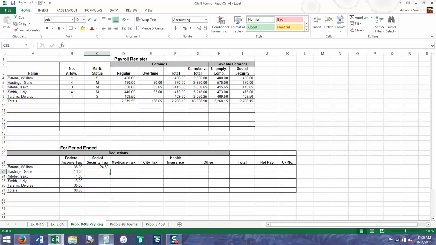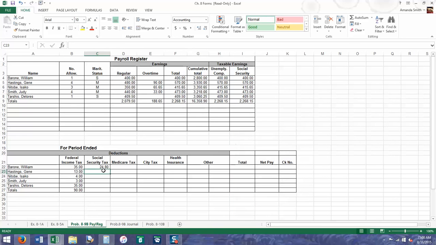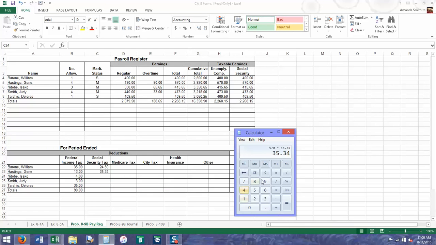And then we're just going to repeat the process all the way down the employees. 570 times 6.2%, 3534. $415.65, $25.77.